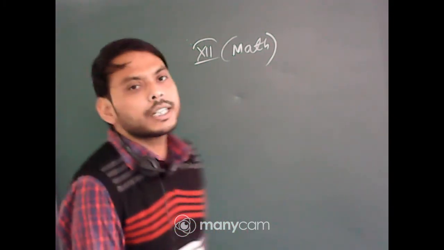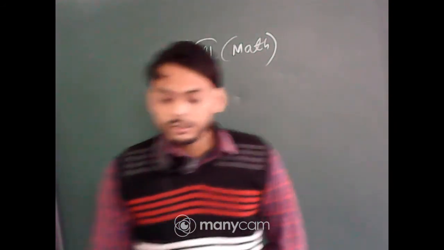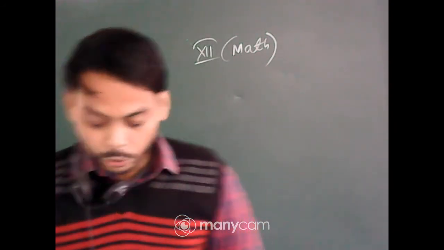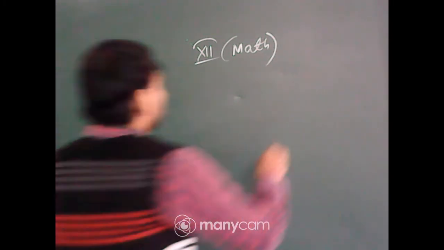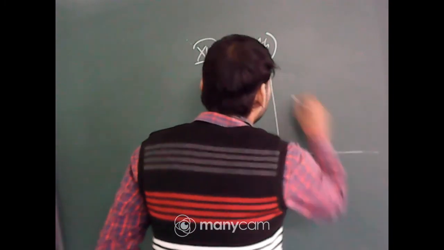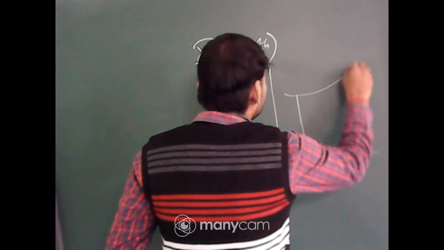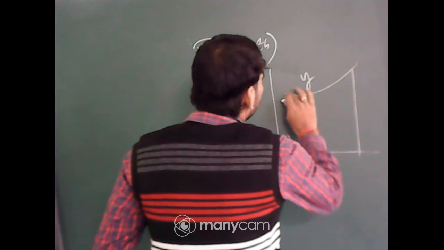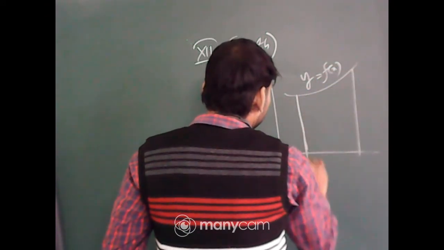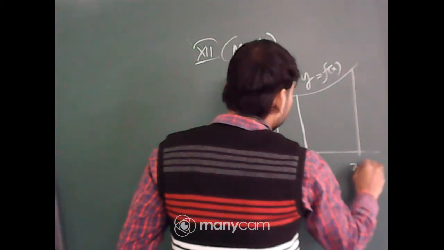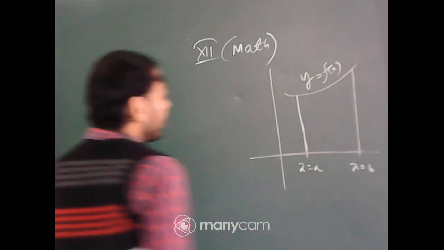So whenever we started the indefinite integral, we have said that the main motto of integration, that is the finding out the area, okay. That is the definite integral. I am telling you once again. Suppose this is a curve of a function y equal to f(x), and this is a line x equals a, and this is x equals b.